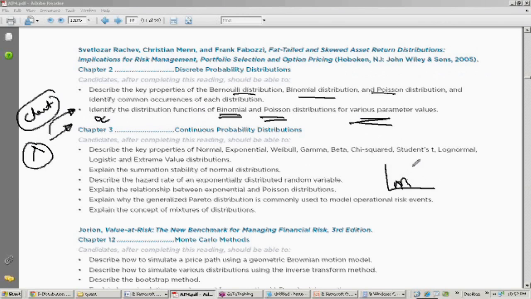When lambda is high, the shape changes, and I will send you the graphs for the various parameter values. This is a simple chapter, but the next one is your complex chapter. We'll be seeing the continuous probability distributions in the next class.